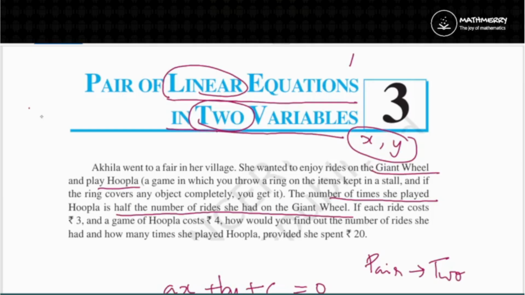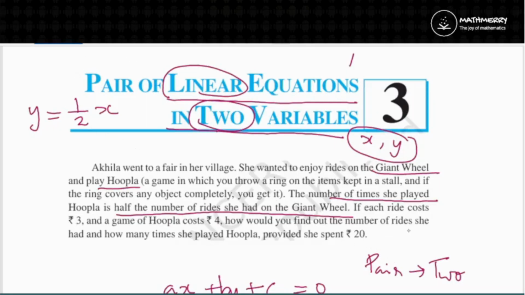I'm taking y as the number of times she played hoopla, and it is half the number of rides on the giant wheel, which is our x. So we can write y is equal to half x.